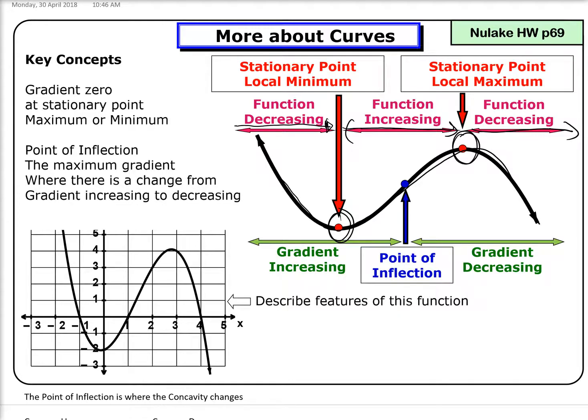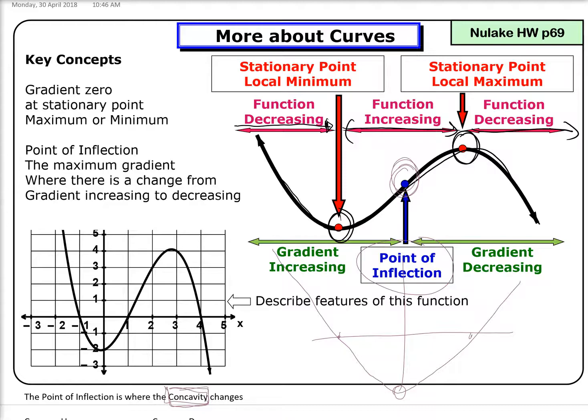If I was to draw the gradient function of that, it would be decreasing, and then all of a sudden it'll start increasing again. This point here we call the point of inflection. That is the turning point of the gradient function. It is where the concavity changes.